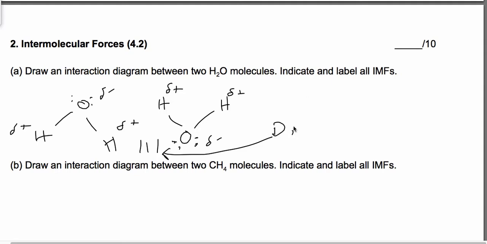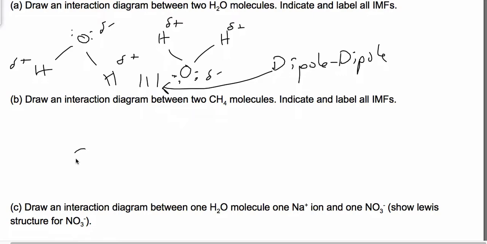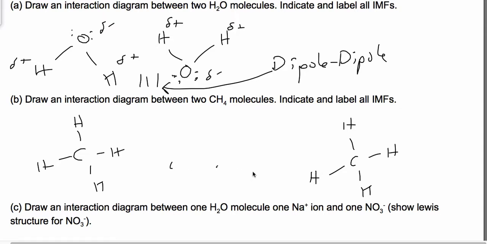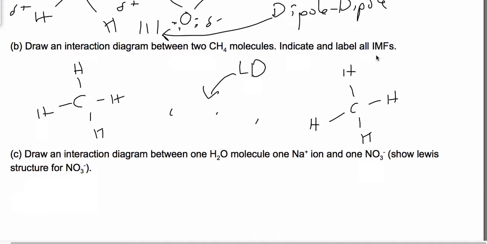Okay, so this is a dipole IMF force right there. Two CH4 molecules. Well, you know, those are nonpolar tetrahedral, so we're going to draw them farther apart as a way of conceptually noting that they have weak London dispersion. I'm just going to say LD here.